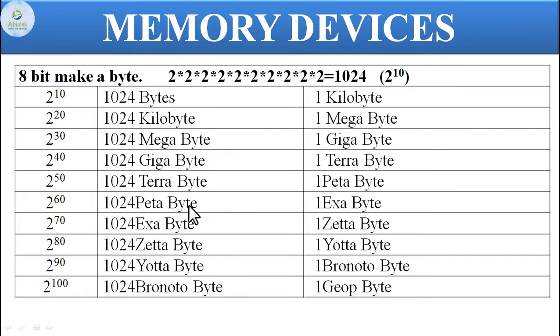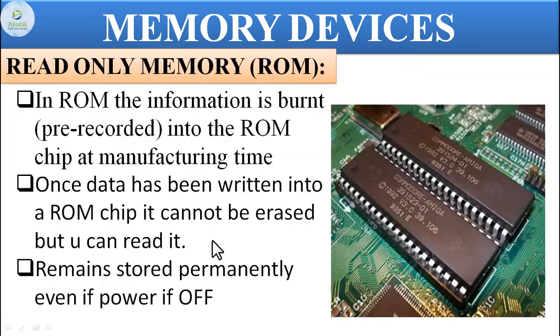Now, moving forward and exploring the first kind of primary memory, that is read-only memory, ROM. The ROM consists of information that is pre-recorded or pre-burnt. What do you mean by pre-recorded or pre-burnt?